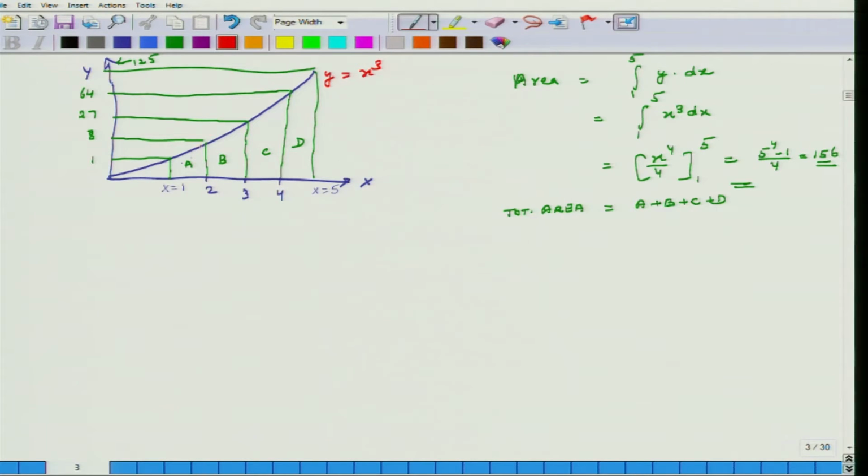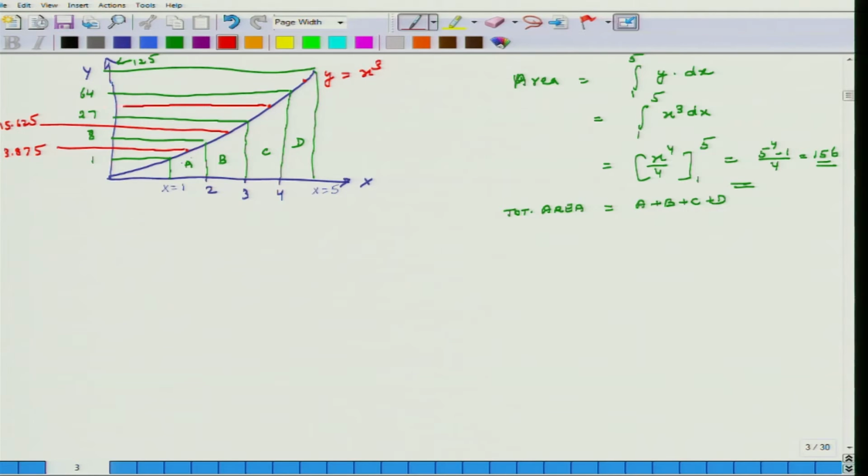And what we will also do here is evaluate the values at the middle points. So the first middle point is 1.5 cube, so that is 3.375. The second middle point is 2.5 cube, so this is 15.625.